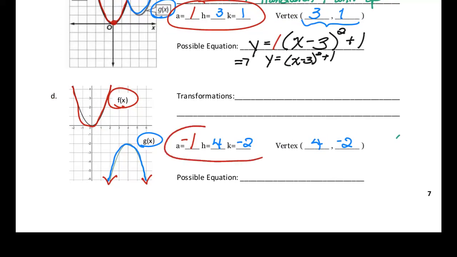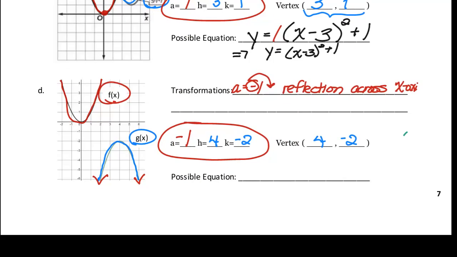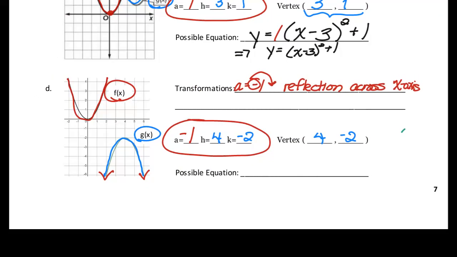All right, so here are the transformations I need to talk about. A is equal to negative 1. I have to talk about this negative because that is a reflection across the x-axis. It's always across the x-axis for us, okay? H is 4. That's a change.